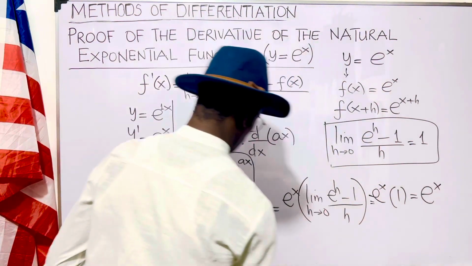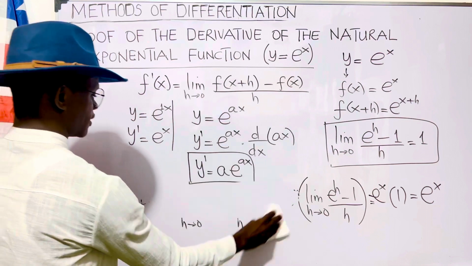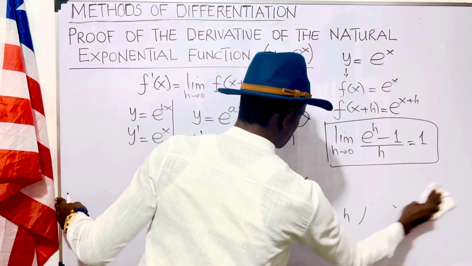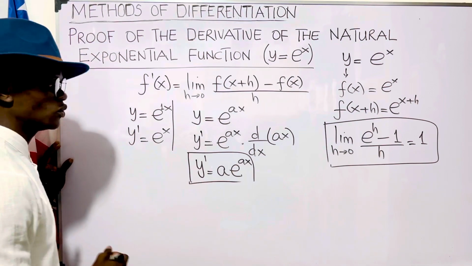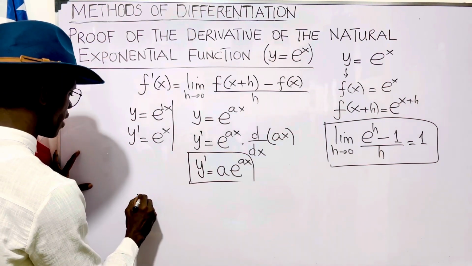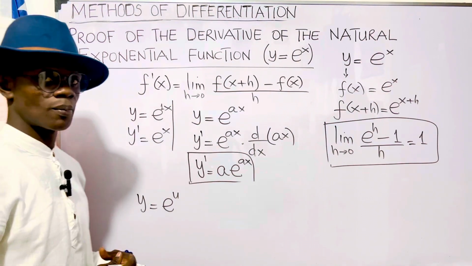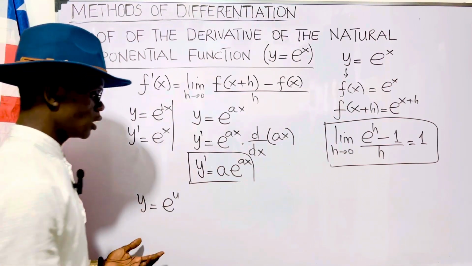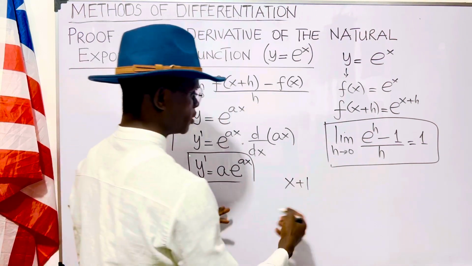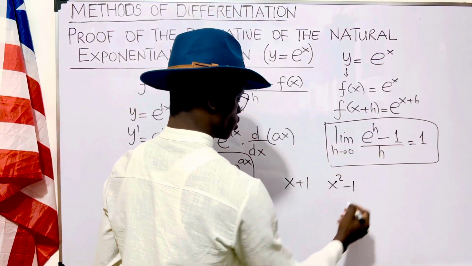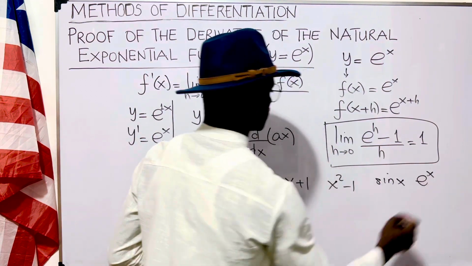But what if this ax was not just a real number? What if it was a function? Assuming you have y equals e raised to the power u, assuming u is a function. For example, u can be x plus 1, x squared minus 1, sine of x, you can even have e raised to the power x, and so forth.